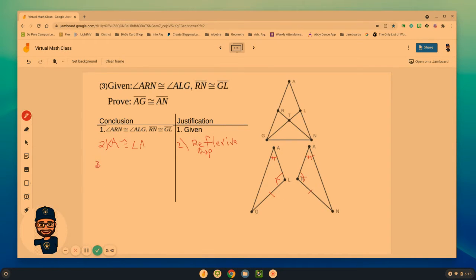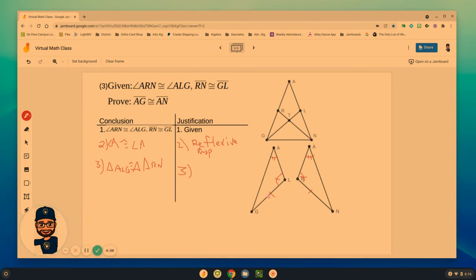Now that I have A congruent to A and the two angles here and the sides, we can definitely say those two triangles are congruent. Triangle ALG is congruent, how about I put the congruent sign in there, to ARN. What allows me to say that those two triangles are congruent?